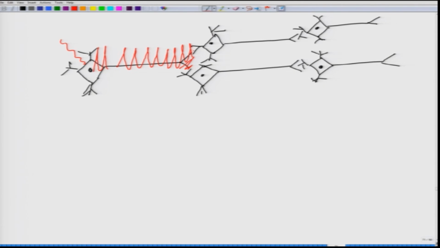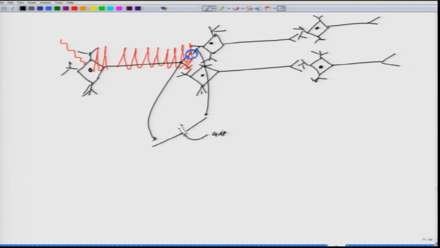At this zone, what is happening? Now, let us blow up this zone out here. This small part where you could see a part of the dendrite, which is this one, and part of the axon, which is this one. There is a small narrow gap. I am highlighting the gap by this part. There is a gap.